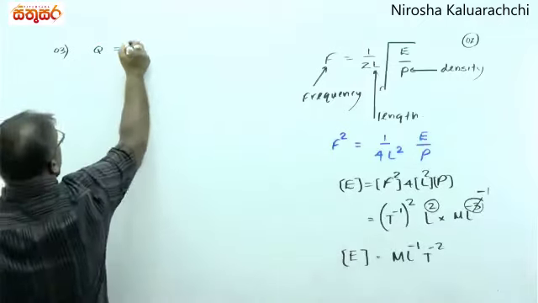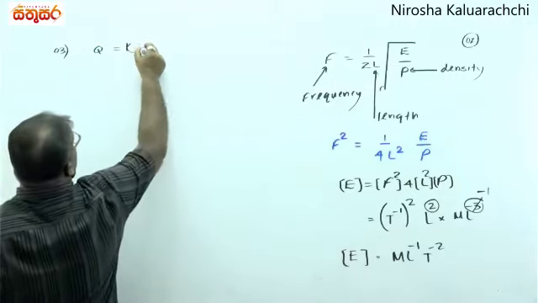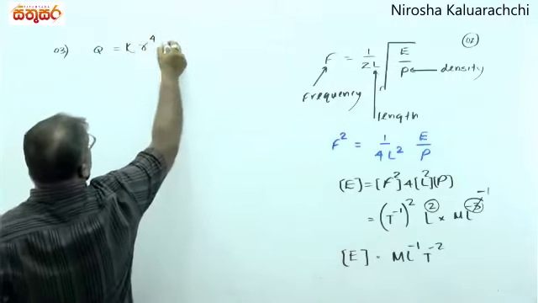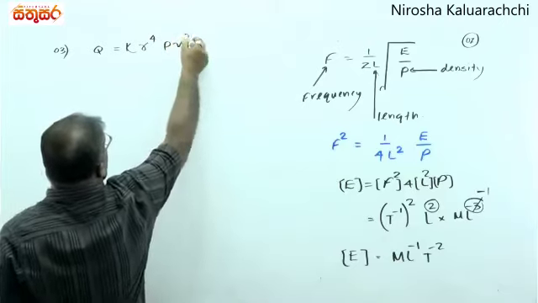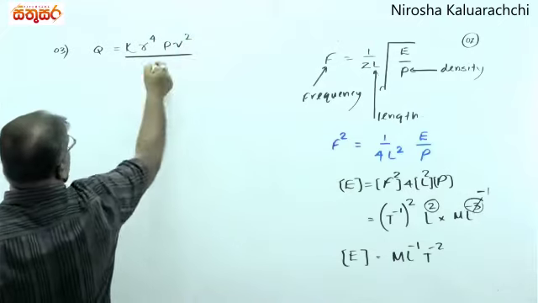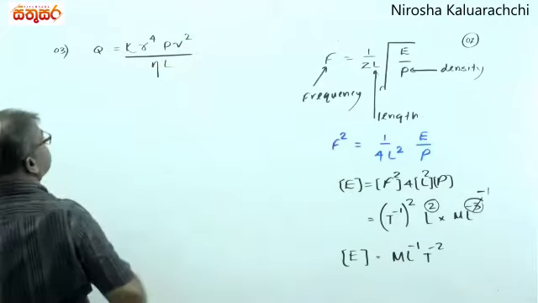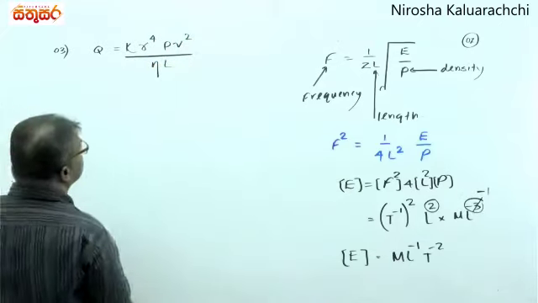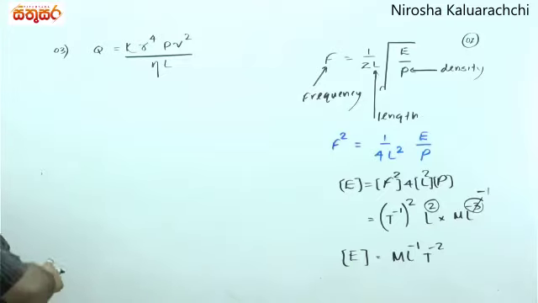Q equal K R to the power of 4 rho V squared over eta L.